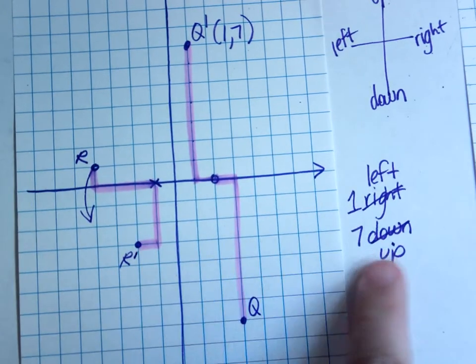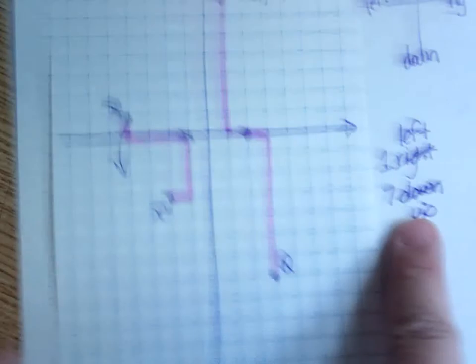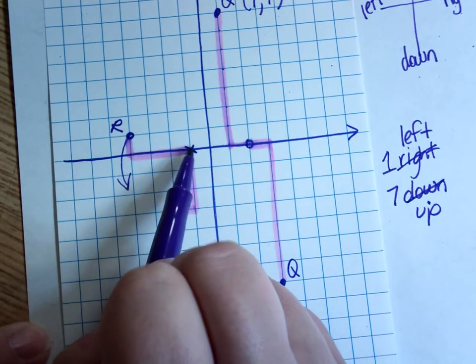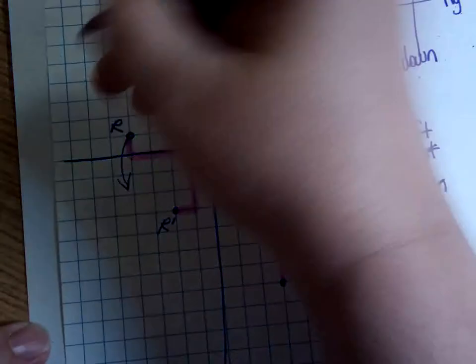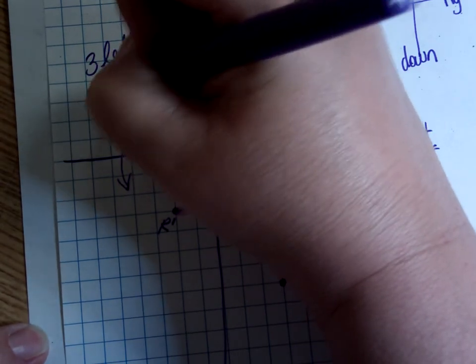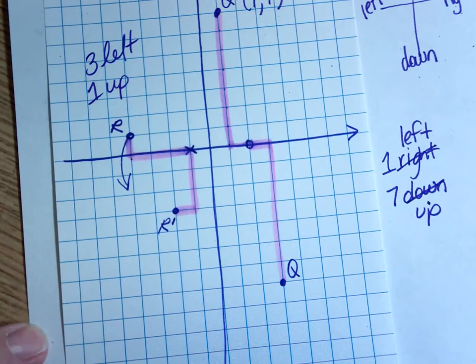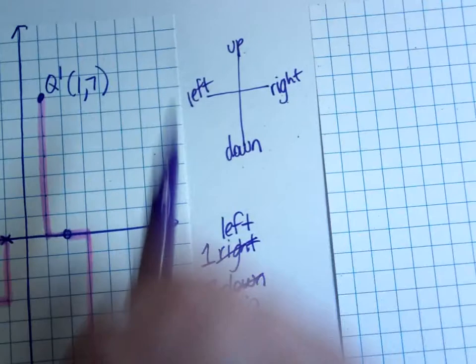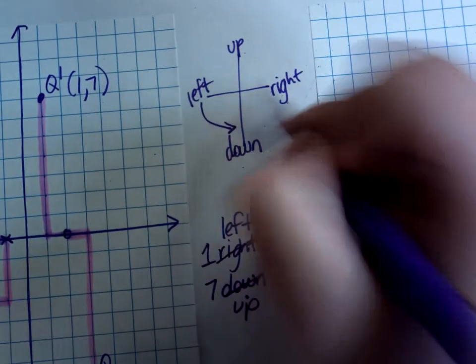Okay, if we wanted to do it the way we did over here for Q, I say, how would I get to R from my center? Well, I'd go left 3 and up 1. So 3 left and 1 up. And then I think about rotating the word left and the word up, basically, 90 degrees. So 90 degrees from left is down.